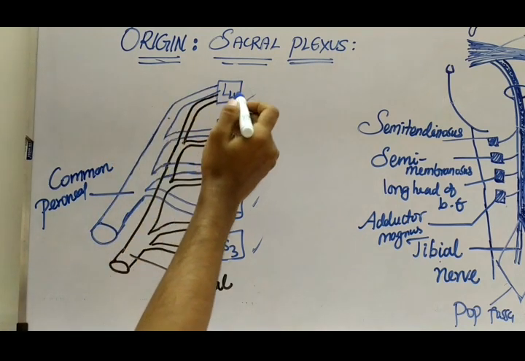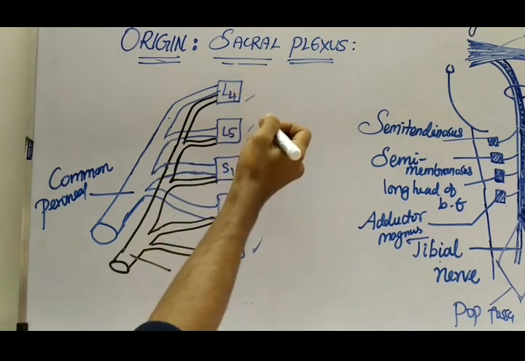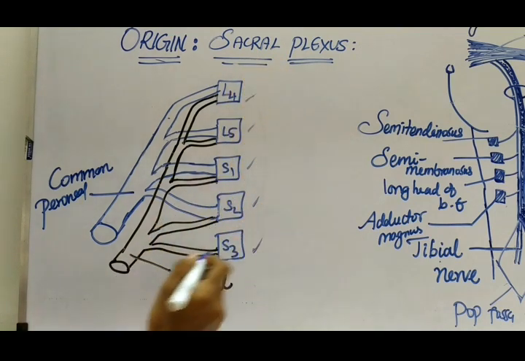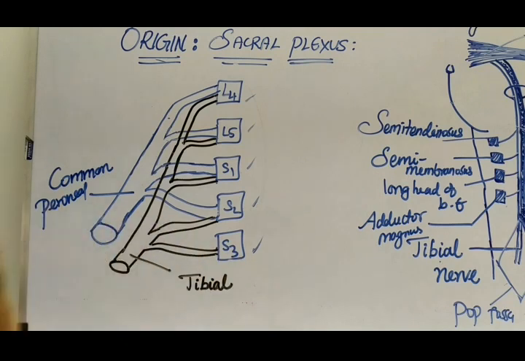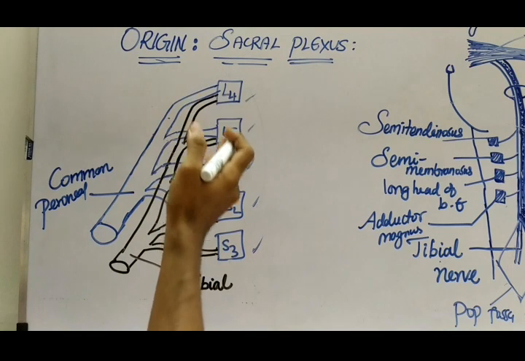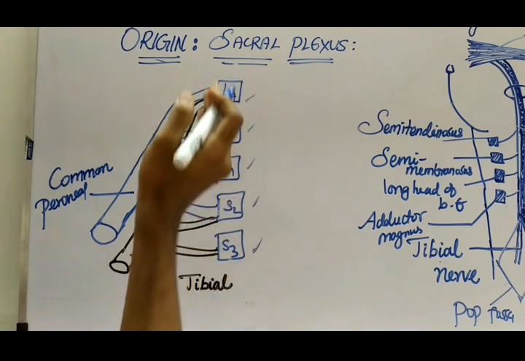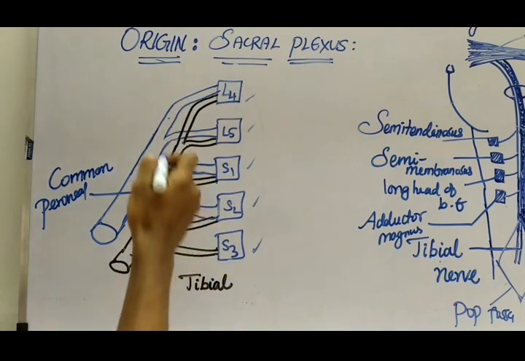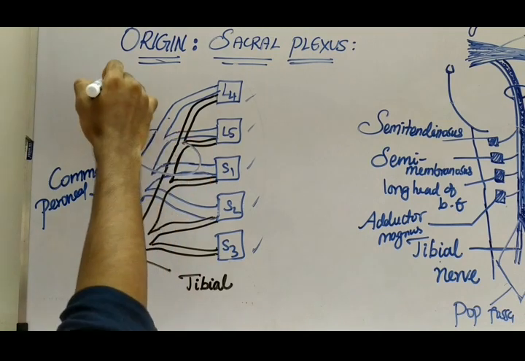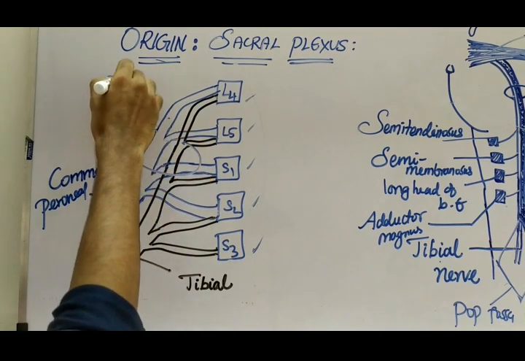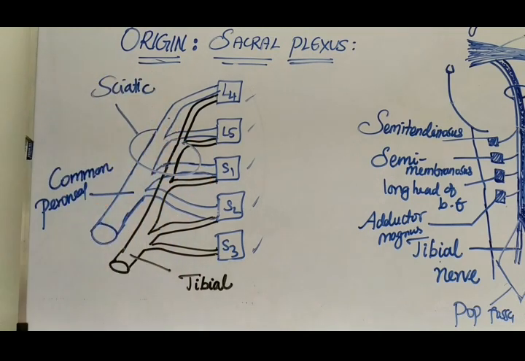The common peroneal part is coming from L4, L5, S1 and S2. There is no connection between S3 and the common peroneal part, and the tibial is coming from all the roots from L4 to S3. So together they are called the sciatic nerve.